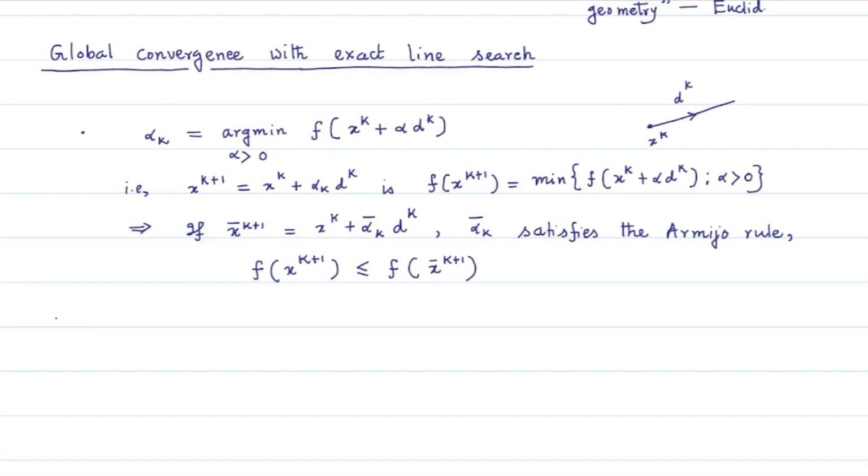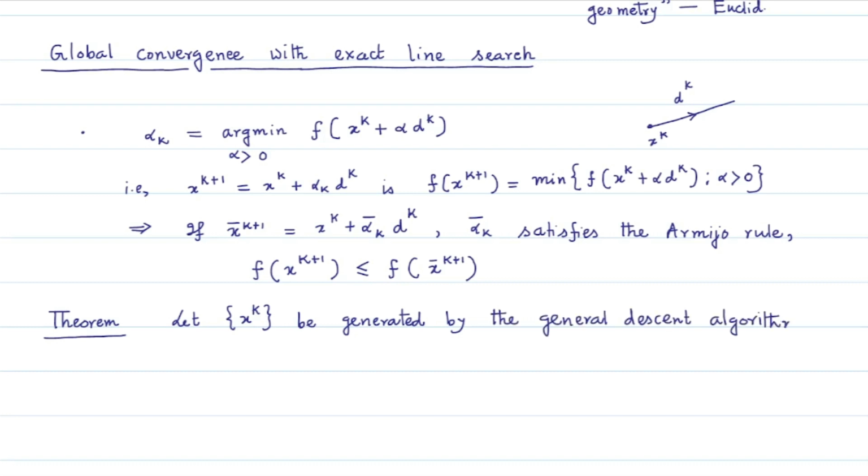Now I will state and prove the global convergence of a general descent algorithm when we employ the exact line search. The theorem states the following. Let xk be generated by the general descent algorithm. By this general descent algorithm, we mean the descent direction dk is a general descent direction. You choose any direction dk that is a descent direction and then go on generating the sequence xk, and for any such xk the following result is true.